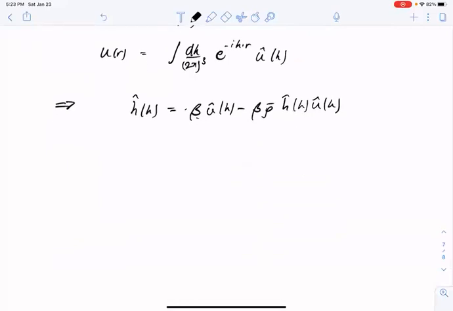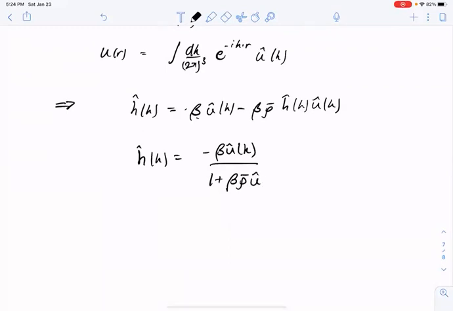Solving it, we get H hat of K is equal to minus beta U hat of K over 1 plus beta rho bar U hat of K. So that is a general solution.